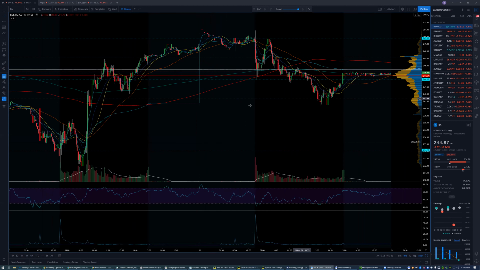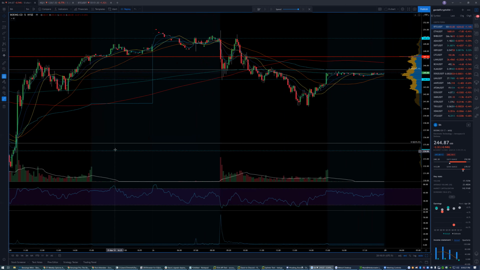The price action has been clean lately, and it's respecting the hell out of the weekly pivots. You guys have noticed I've been trading Boeing a ton lately, and it's just because it has these big intraday moves, and it's moving right between the weekly pivots that I marked out.